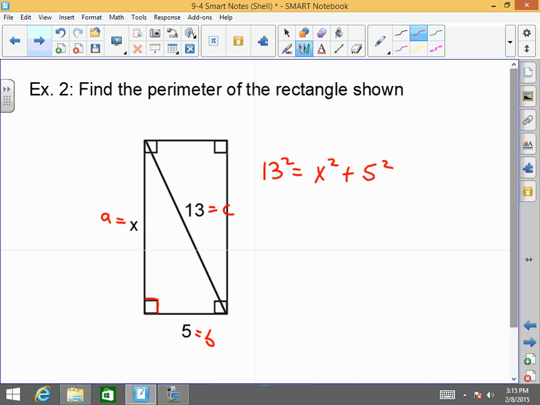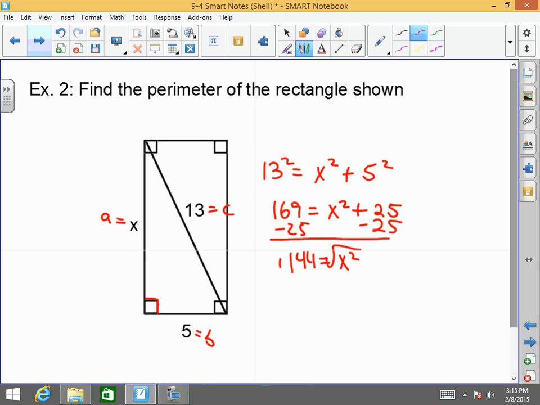Okay, 13 squared is 169, which equals x squared plus 25, which is 5 squared. Subtract 25 from both sides. You're going to get 144 equals x squared. The square root of 144 is 12, so x equals 12.